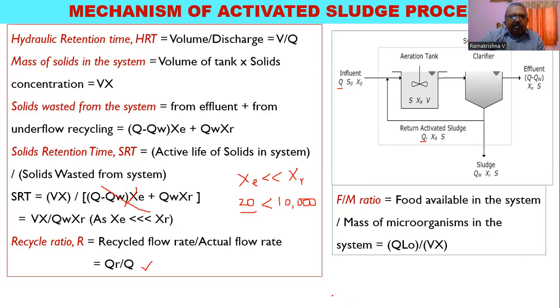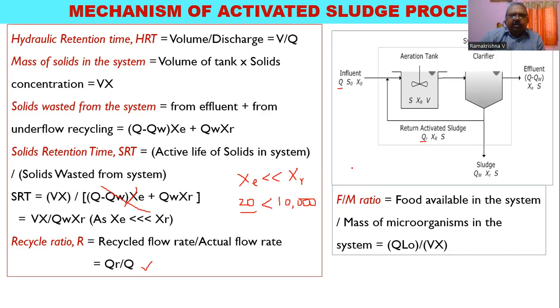And another thing is the F by M ratio. What is the meaning of F by M ratio? Food to mass ratio. How much food is available? Food availability is based on the organic matter present in the wastewater, which is nothing but the BOD. How much BOD is coming into the system and how many microorganisms are there in the reactor, that is, the aeration tank.